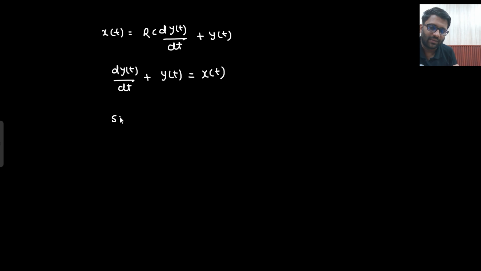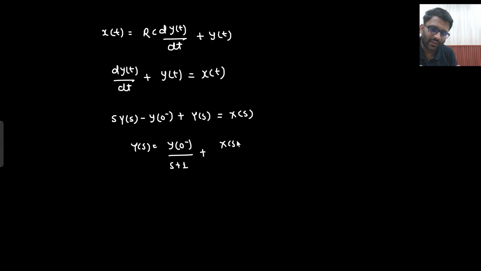So I am applying Laplace. sY of s minus y of 0 minus plus y of s is equal to x of s. So from here we get the same thing which we have done in the previous problem. So y of s will be equal to y of 0 minus upon s plus 1 plus x of s upon s plus 1.